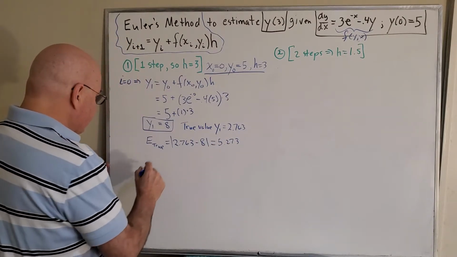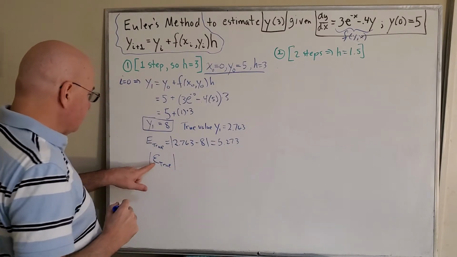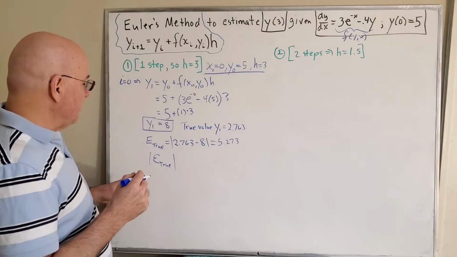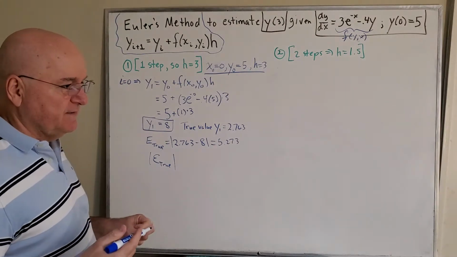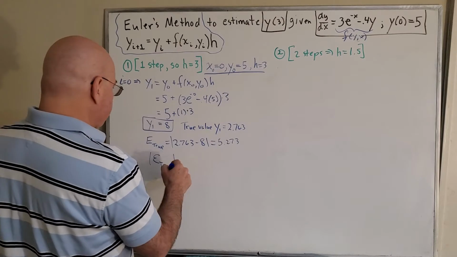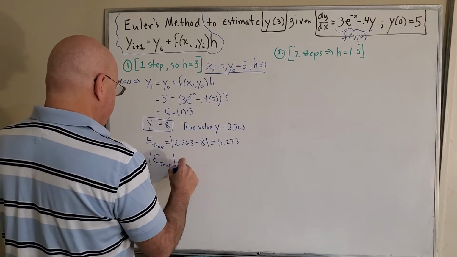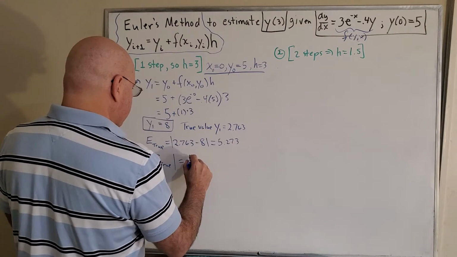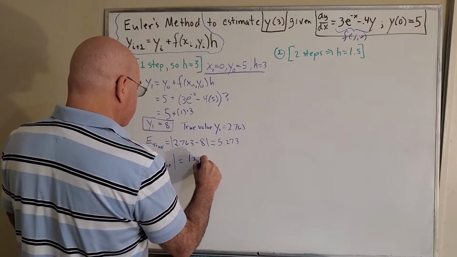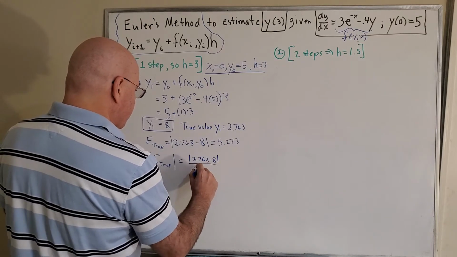And if we wanted to get our relative error, I usually use this epsilon for it. That would simply be this divided by 2.763. We'll go ahead and write it like 2.763 minus 8, which we know is 5.237, over the truth.